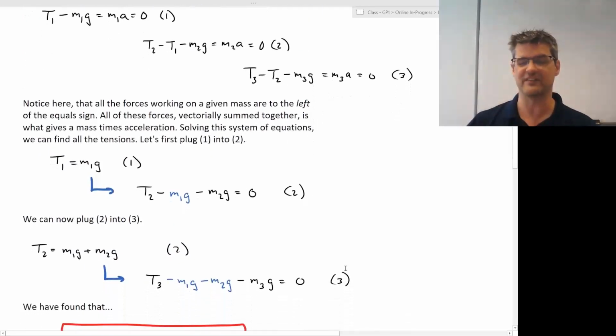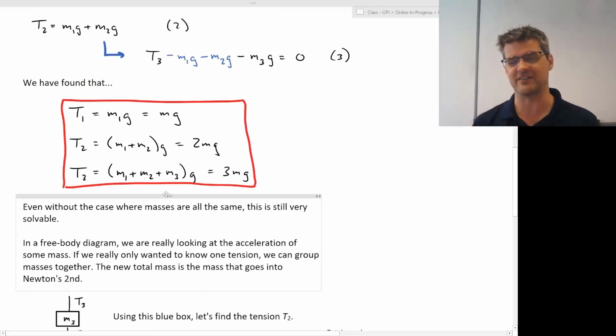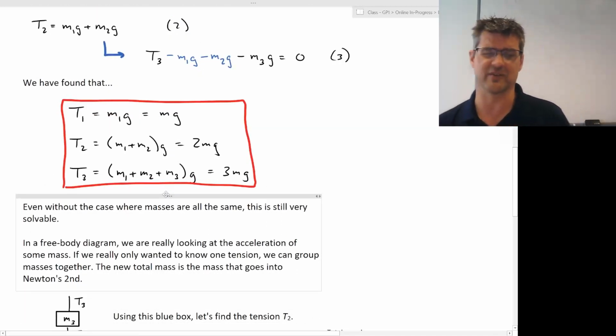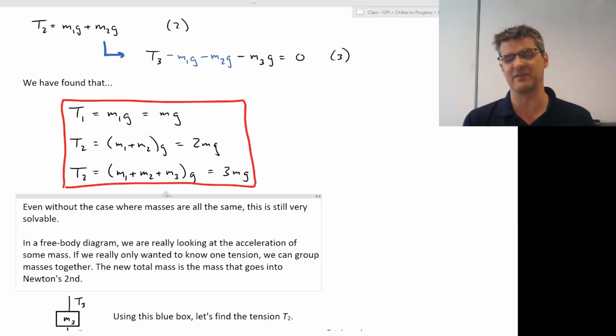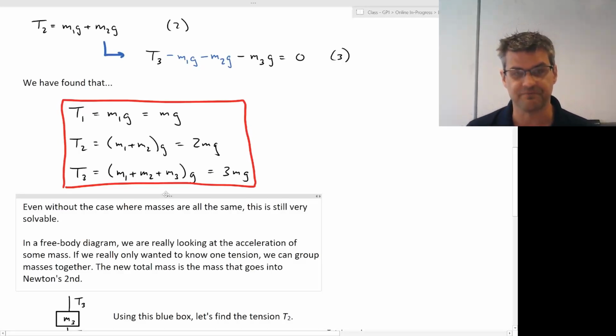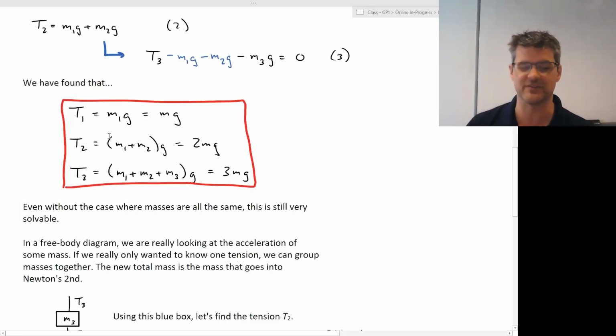And by solving this system of equations in the way that's described here, if all of the masses are the same, T1 is going to be mg, T2 is going to be 2mg, and T3 is going to be 3mg. The tensions are not the same, even though the masses are. And we use this cascading set of linked equations, systems of equations to solve, to figure out what those tensions were.